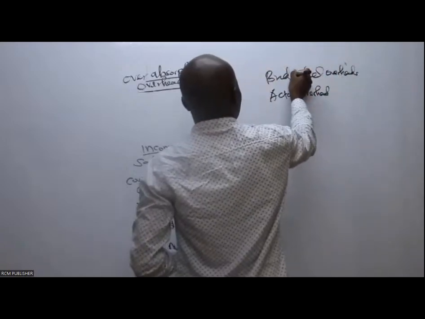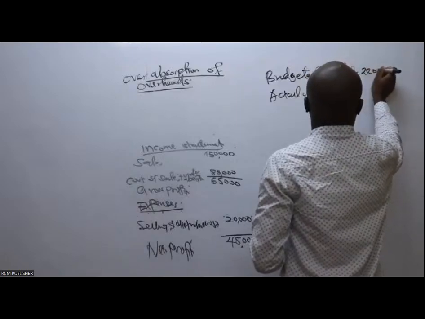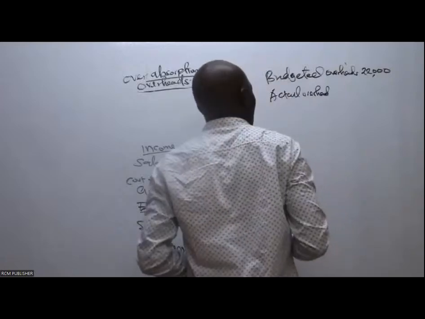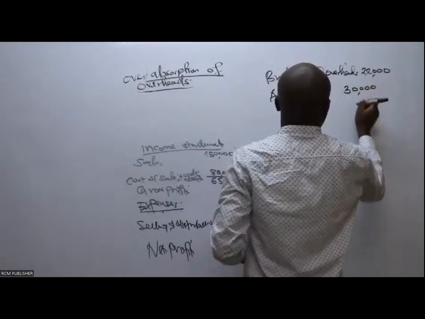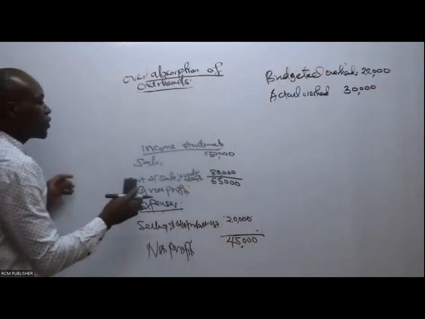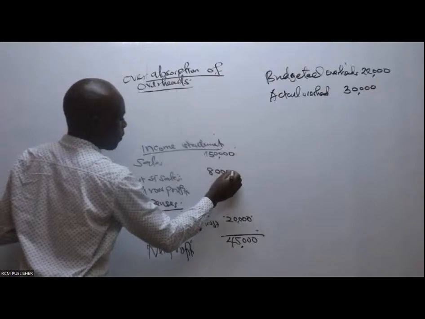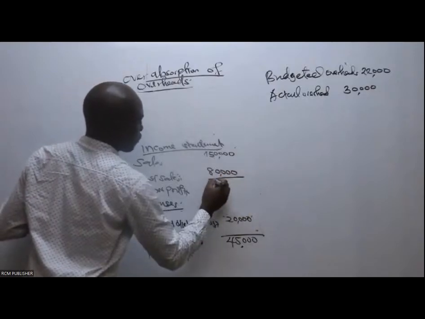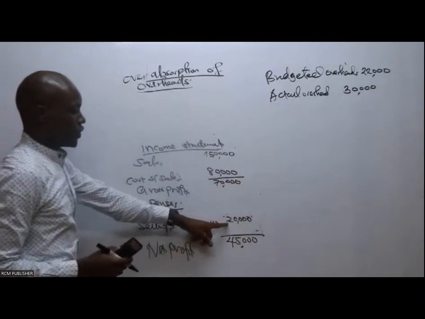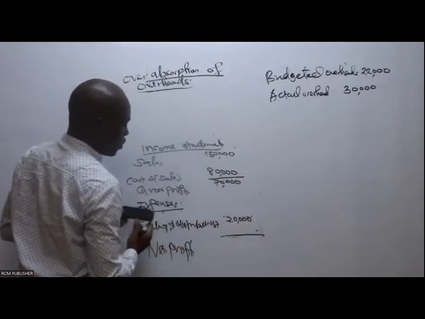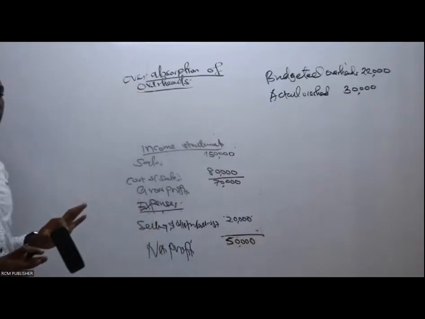Budgeted here, I have 22,000. Then actual overhead is going to be 30. All these other things remain constant. My cost of sales is 80,000. That gives me gross profit of 70. And then selling and distribution cost is 30,000, which will take me to a net profit of 50,000. That is what I have in the question.